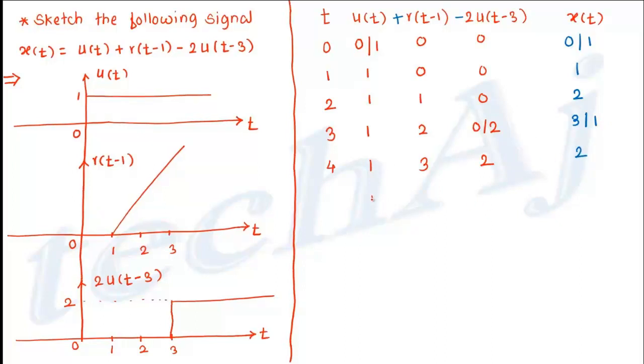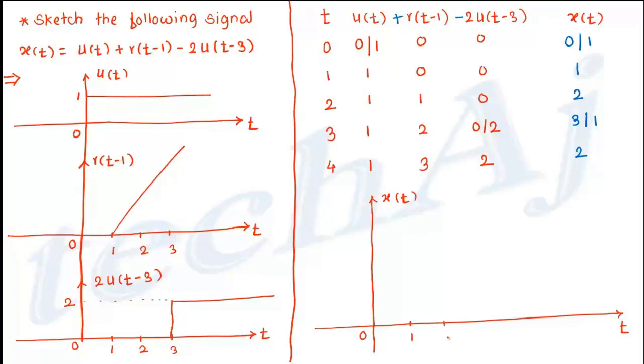So let's plot the signal x of t. At t equal to 0, the signal is changing from 0 to 1.